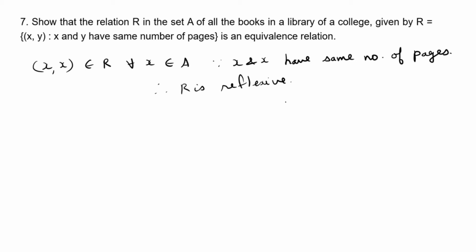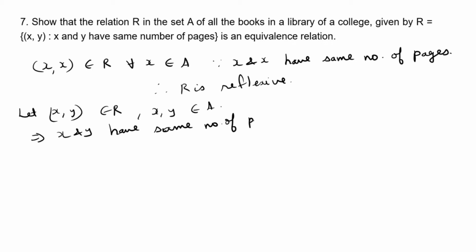Now let (x, y) belong to R, where x, y belong to A. If (x, y) belongs to R, it means x and y have the same number of pages.